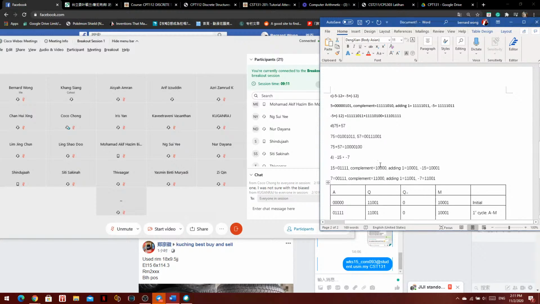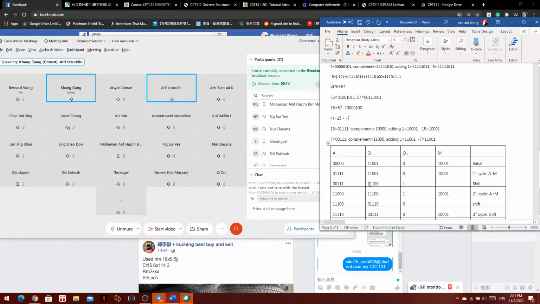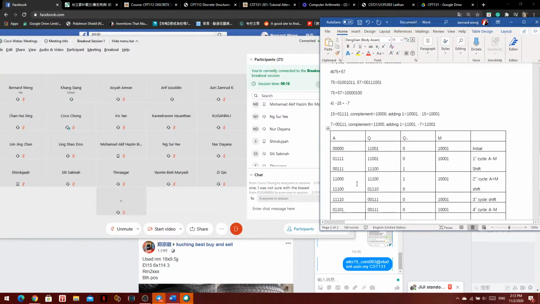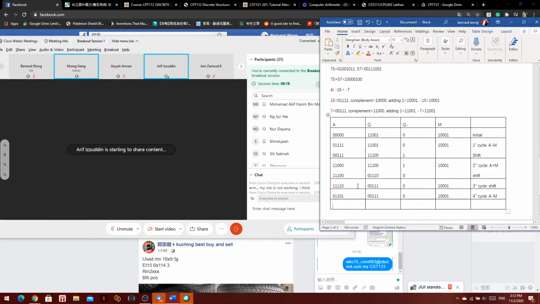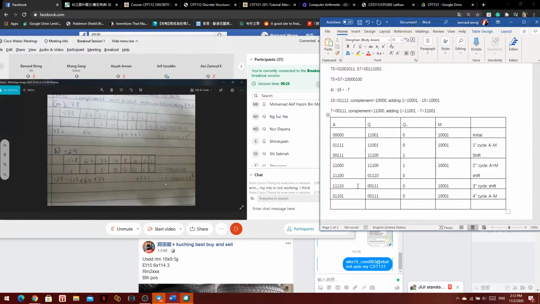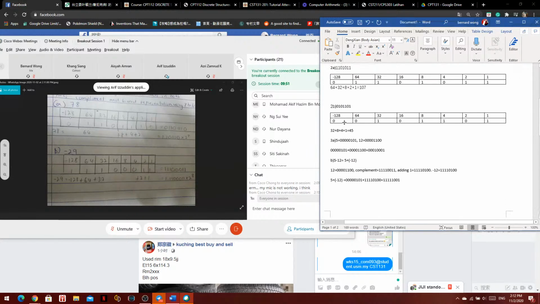Are you seeing my photos? Okay, we use this table starting with negative 2 to the power of 8, then to the power of 0, 1, 2, 3, 4, 5, 6, 7, which is negative.